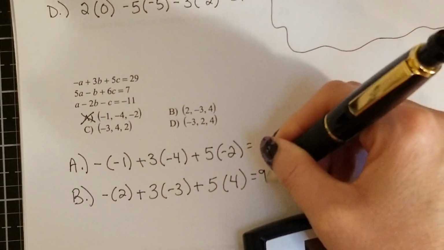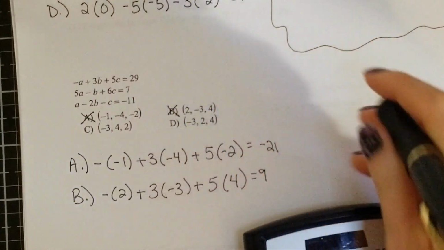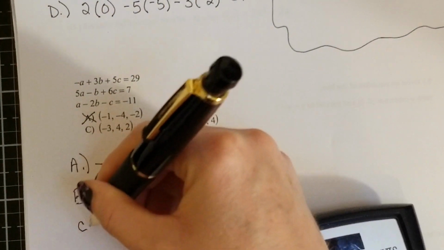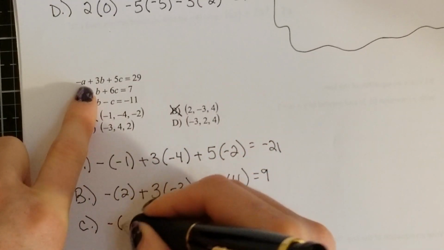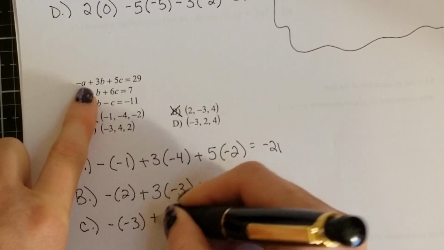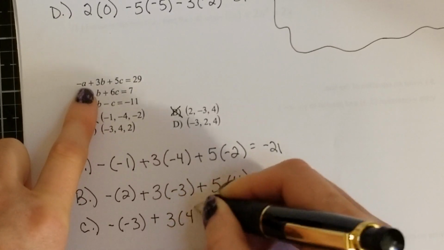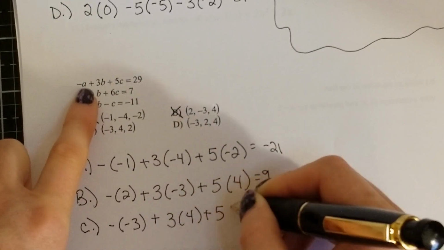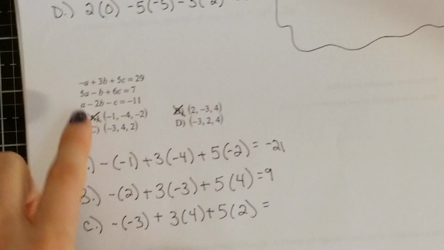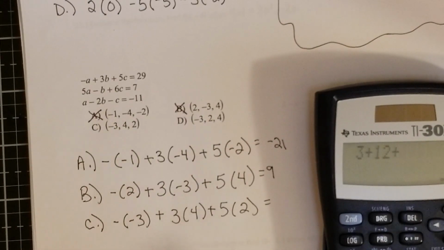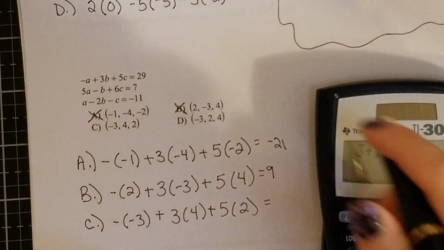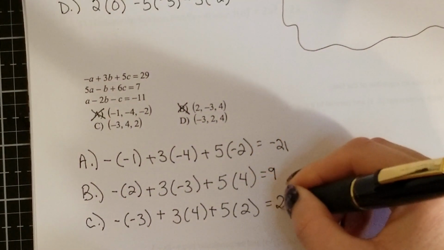That is not the same thing as 29, so I know it's not B. C. Okay, so that would be 3 plus 12 plus 10. If we do it faster, that gives me 25.